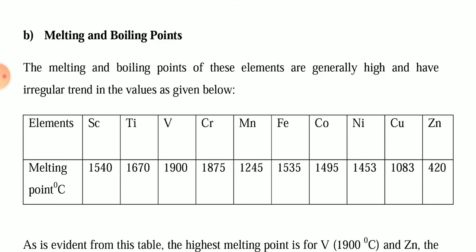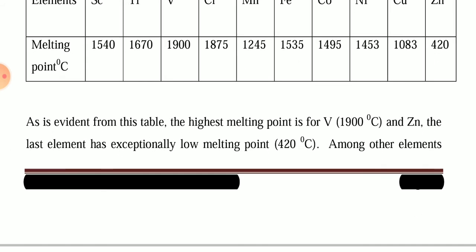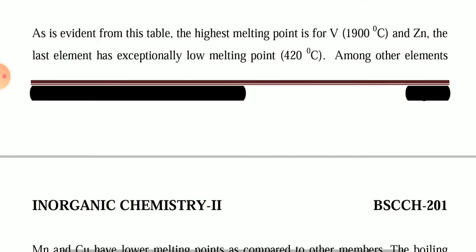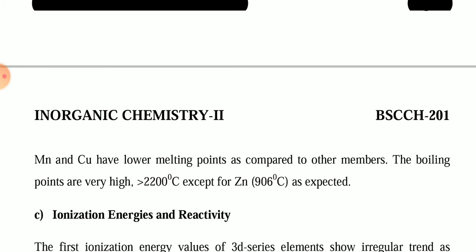So vanadium has the highest melting point, and Zn, the last element, has a low melting point, which is 420 degrees. All the elements from Mn to Cu have lower melting points as compared to the other members. The boiling points are very high, higher than 2200, except Zn, which has 906 degrees centigrade.